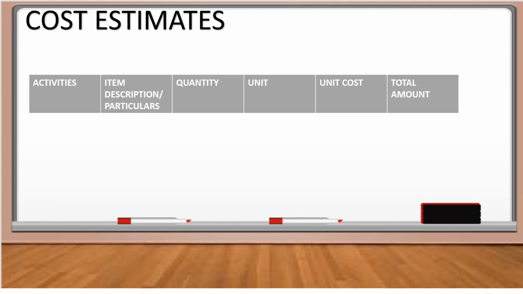For the cost estimates, you can use this template or you can improve this template. We have the activities, item description or particulars, the quantity, unit, unit cost, and the total amount spent in your research study.